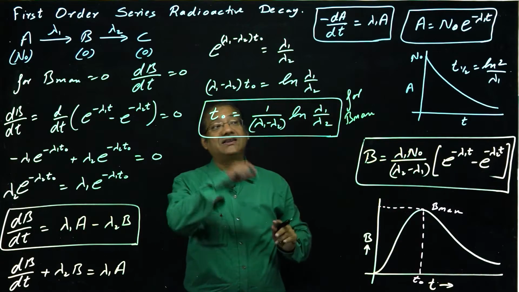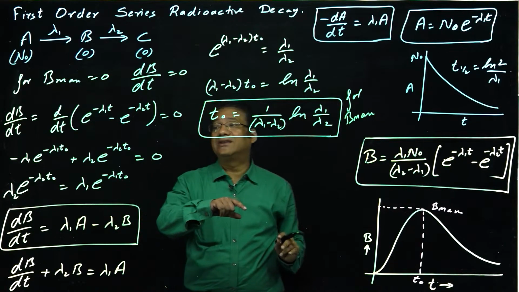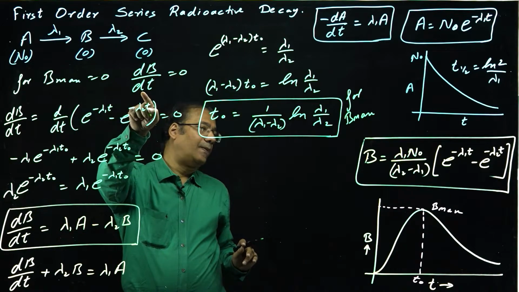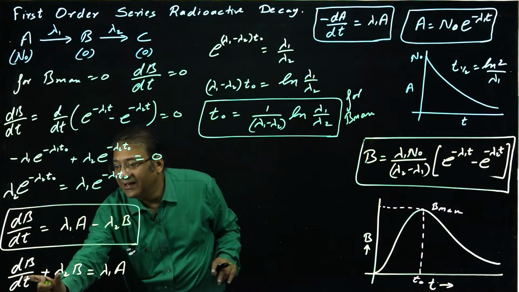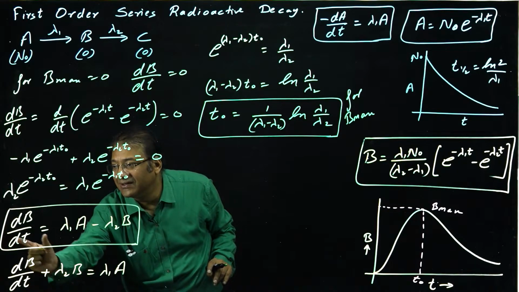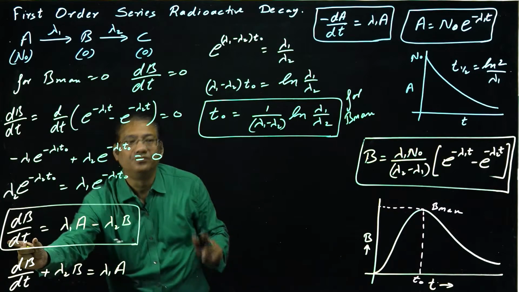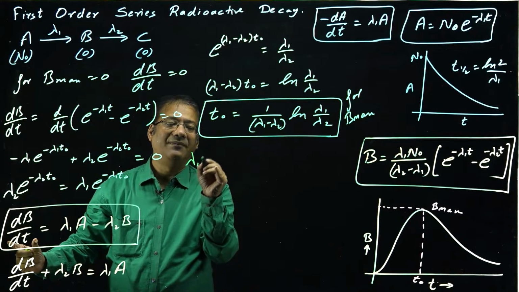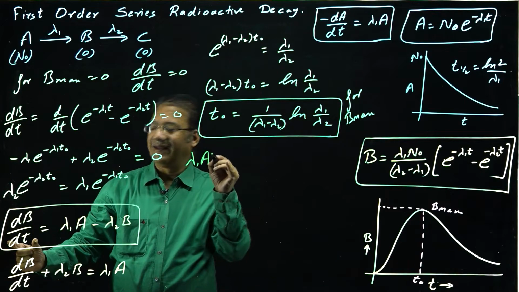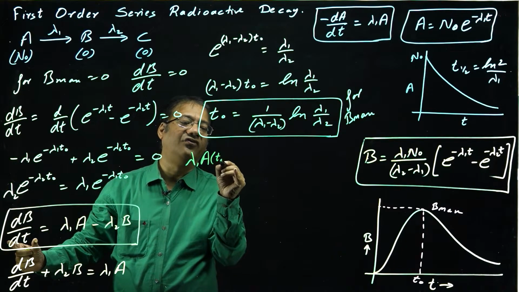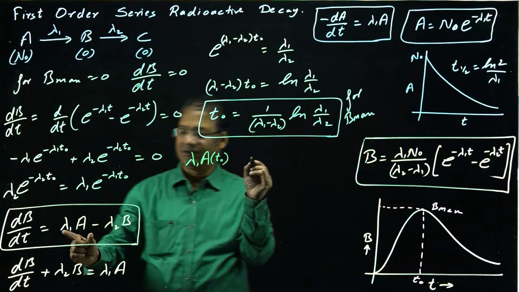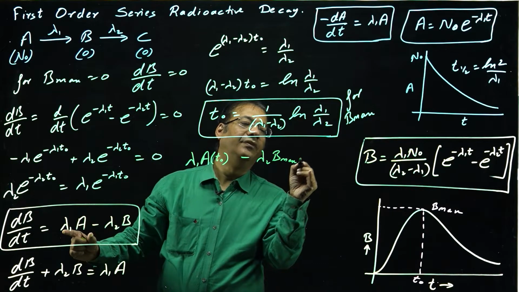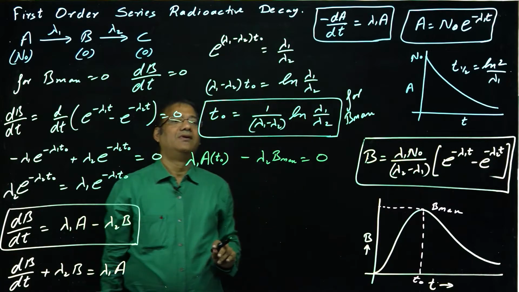Now, what is the maximum value of B? In order to get the maximum value of B, as we know that dB by dt is 0, I can substitute this here. For B max, lambda 1, I can write this value of A must be at T naught minus lambda 2 B max is equal to 0.